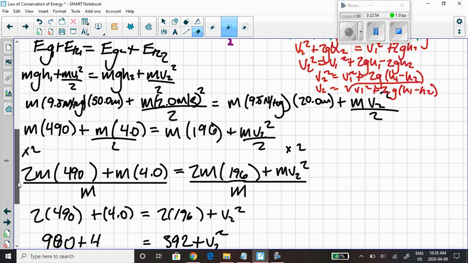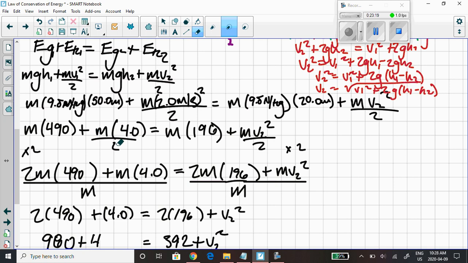Well, we're going to multiply everything, both sides, by 2, and we're going to divide both sides by m. So that means I'm multiplying this side by 2. So this becomes 2 times m490. This becomes 2 times this term.